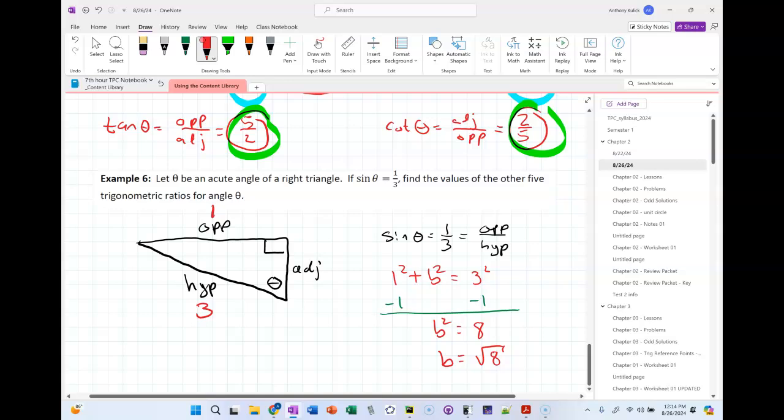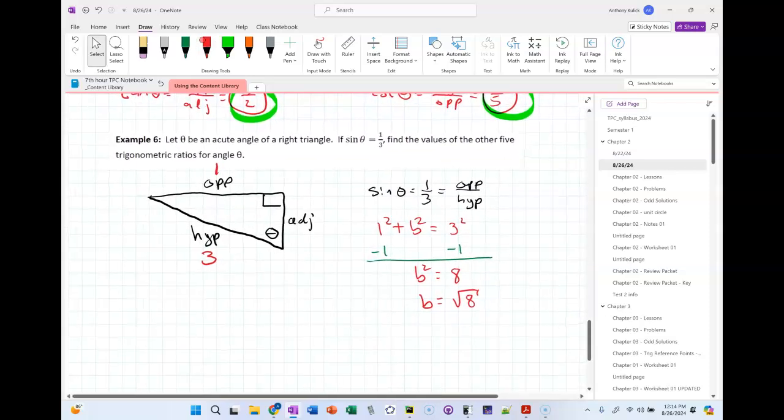When you see the square root of 8, hopefully you recognize that's a radical that we can simplify. Did you guys see that? Do you remember how to simplify radicals? What I want to do with that square root 8 is break it up into factors that are perfect squares.